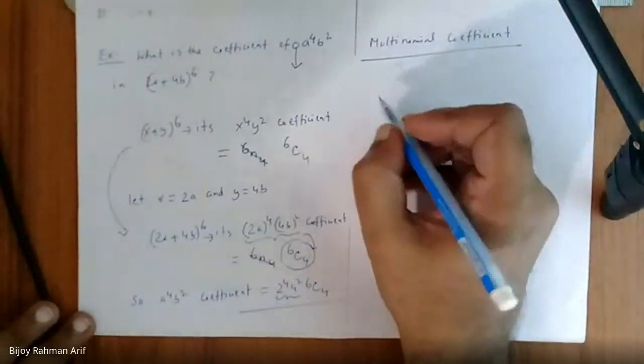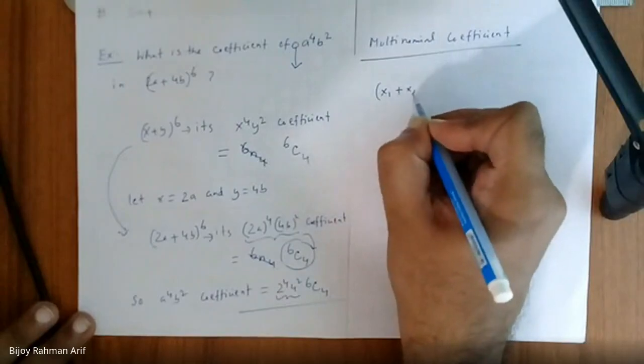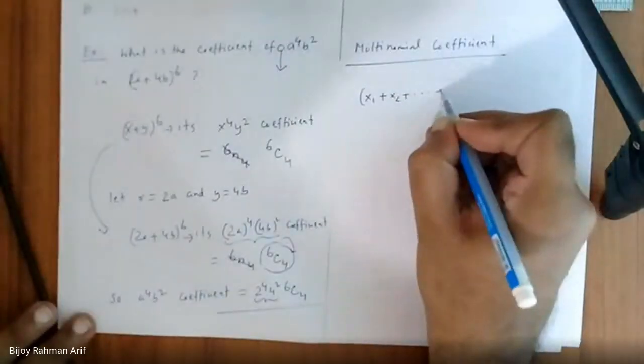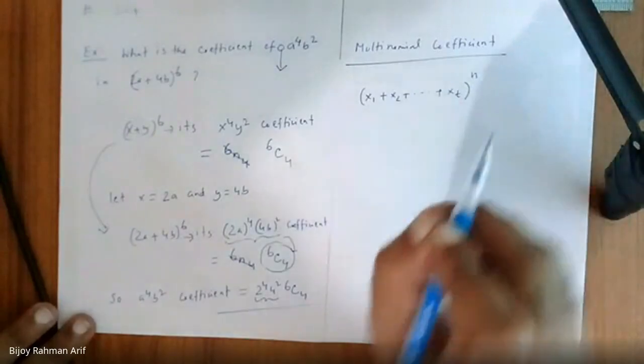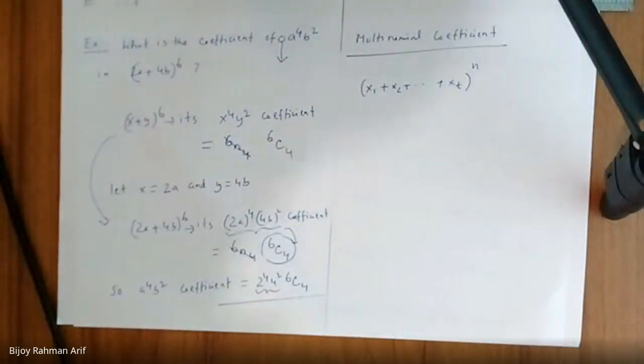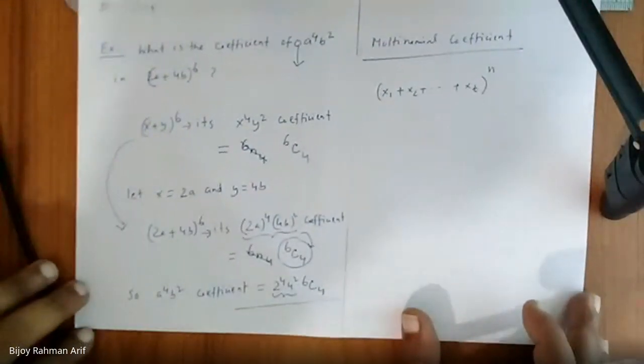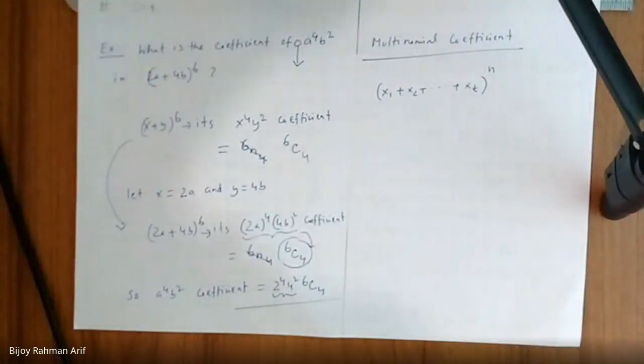So how about this? (x1 + x2 + dot dot dot + xt) to the power n. What is the theorem?